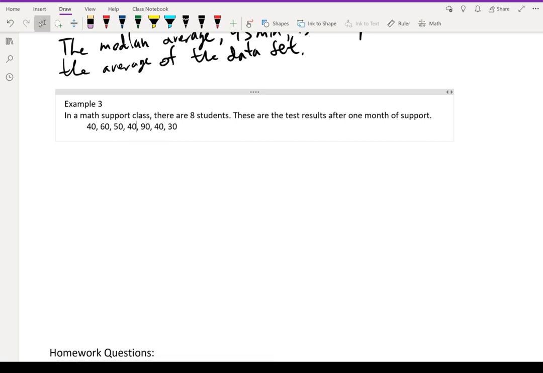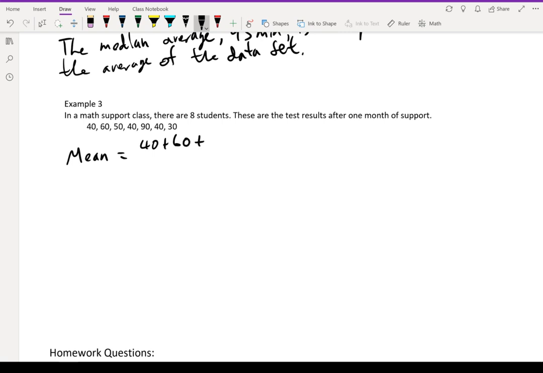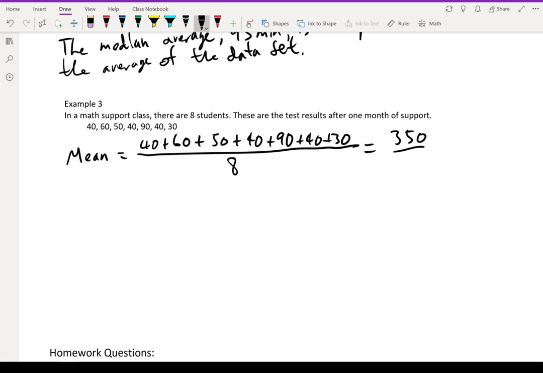Okay, the mean is the sum of all the data. So 40 plus 60 plus 50 plus 40 plus 90 plus 40 plus 30, all divided by 8. That's 40, 100, 150, 190, 280, 320, and 350. So that's 350 divided by 8.